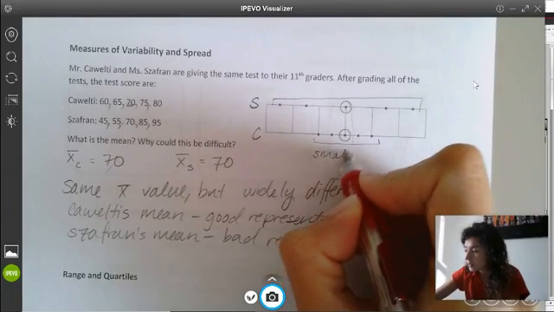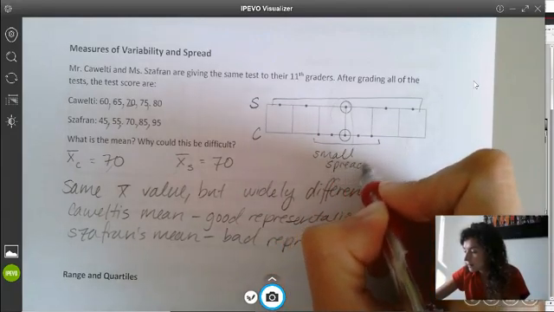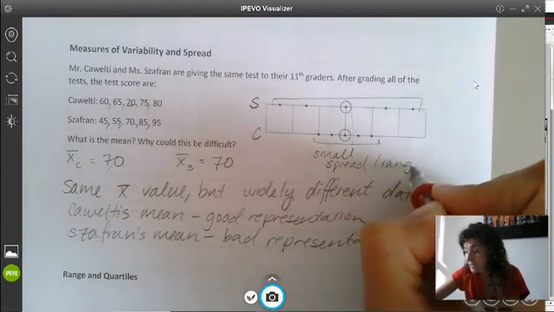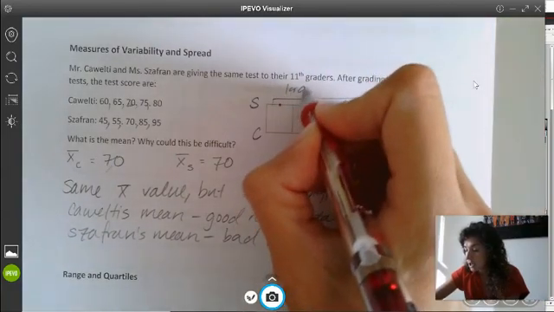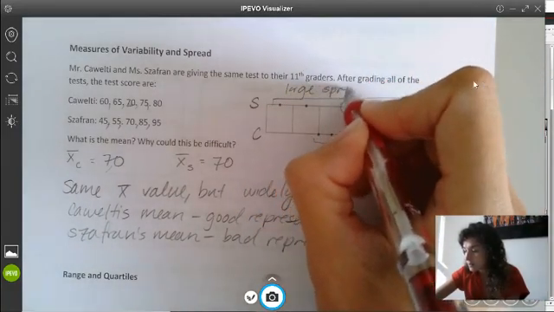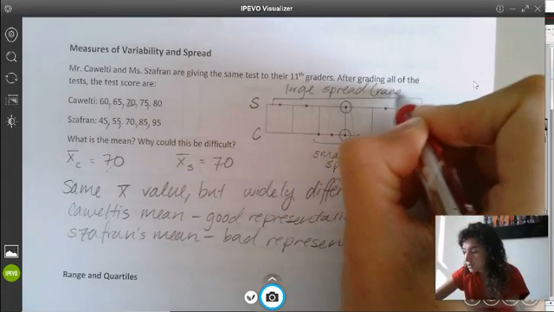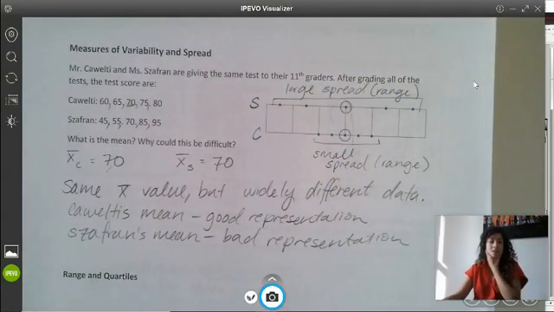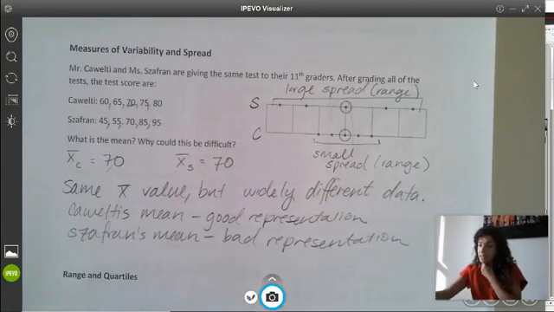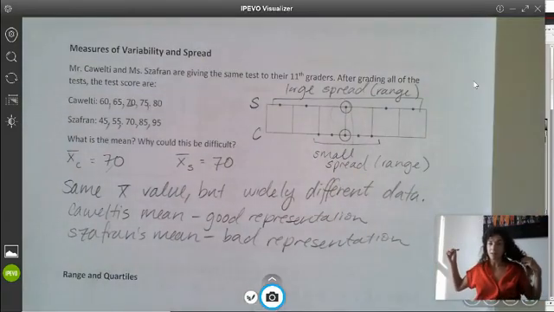So a small spread, which we call a range, versus a large spread or range. It means that Ms. Zaffron's scores have a high variability. So you can write that down, high variability, whereas Kuwelty's has a low variability.